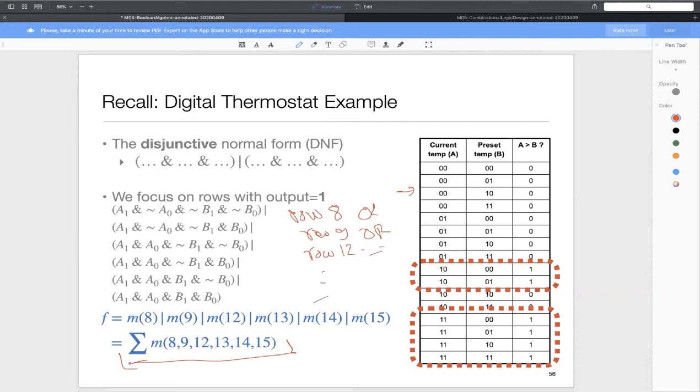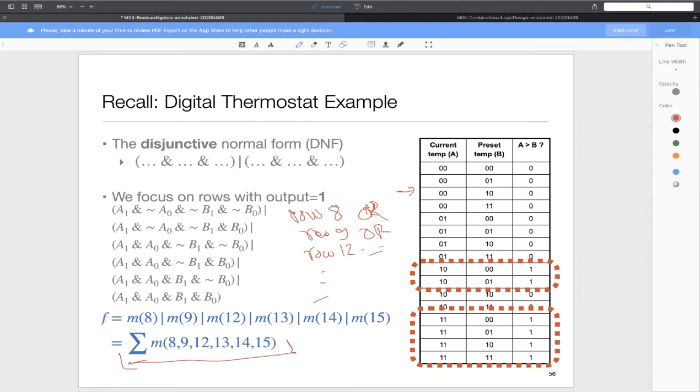That's literally what the truth table is saying. So I only want those entries, and the input is in row 8 when minterm number 8 is true, right? That's a 1-to-1 correspondence. If minterm number 8 is true, then the inputs must correspond to row number 8. There's no other choice. That's how we define them.